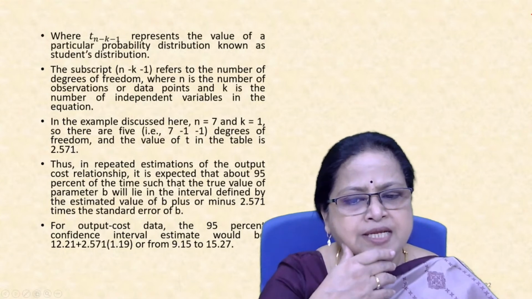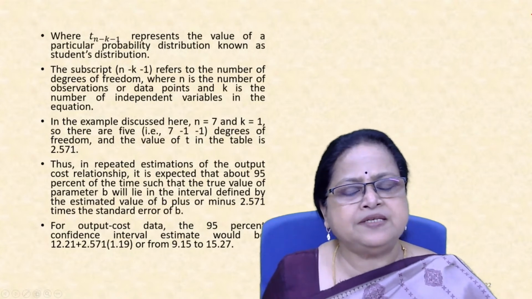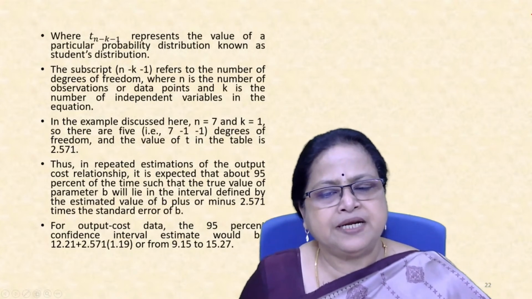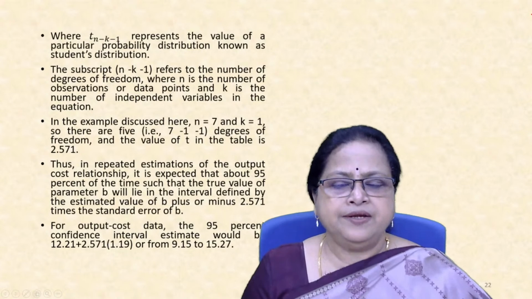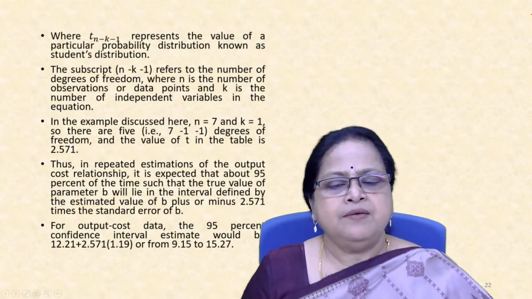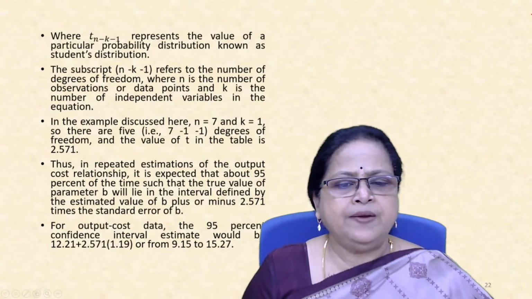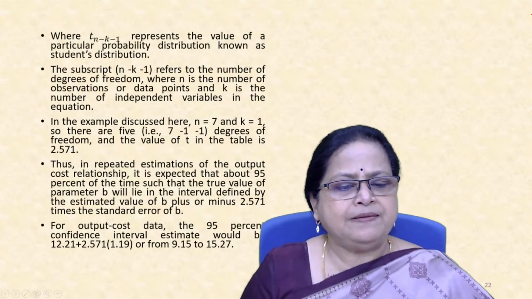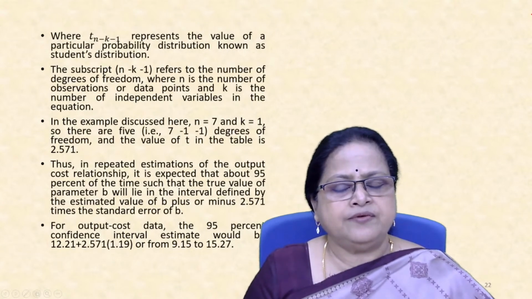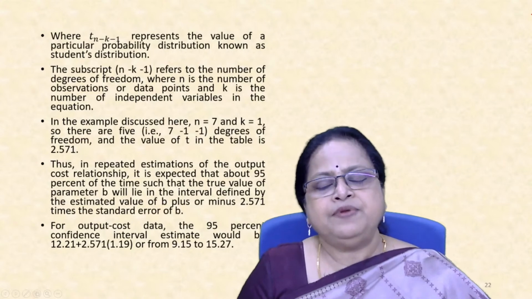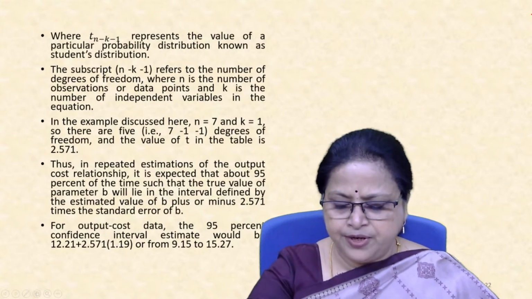Now, so basically what is happening here is that in repeated estimations of the output cost relationship, it is expected that about 95% of the time the true value of parameter B will lie in the interval defined by the estimated value of B plus or minus 2.571 times the standard error of B. So now 12.21 is the B value, plus or minus 2.571 into 1.19, and the interval is 9.5 to 15.27.